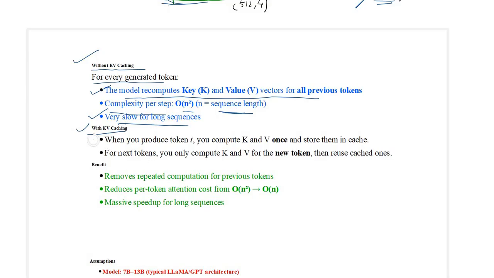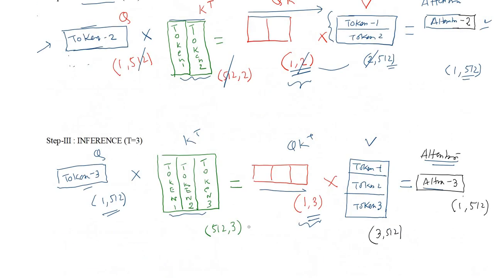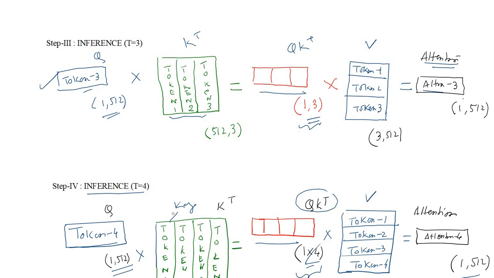So with KV caching, when you produce token t, you compute K and V once and store them in a cache. So we already have shown this one. For next tokens, you only compute K and V for the new tokens. So basically, we are computing only for new tokens at each inference, right?